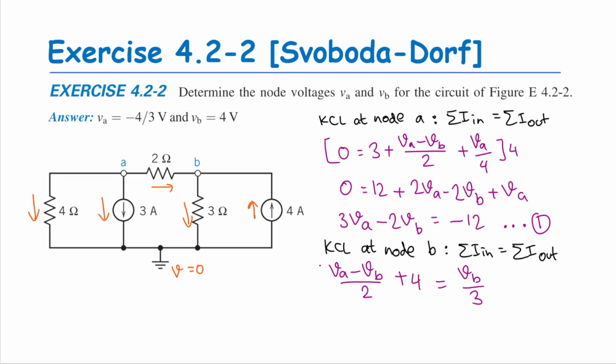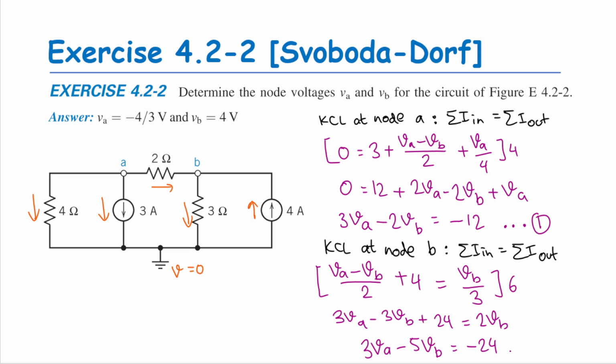Okay. Now let's multiply both sides here by 6. So on the left hand side, we will have 3 VA minus 3 VB, and then plus 24. And on the right hand side, we will have 2 VB. Okay, maybe let's simplify this one. 3 VA, and then minus 5 VB here will equal minus 24.